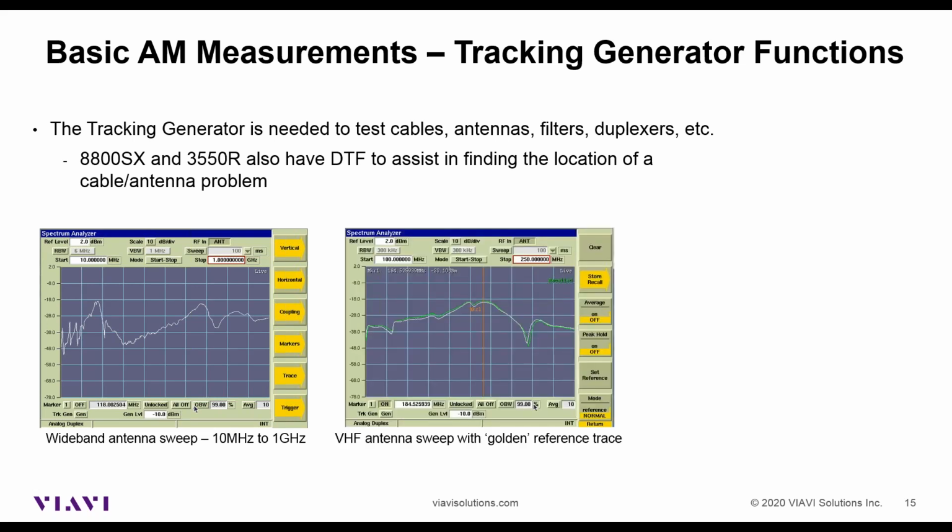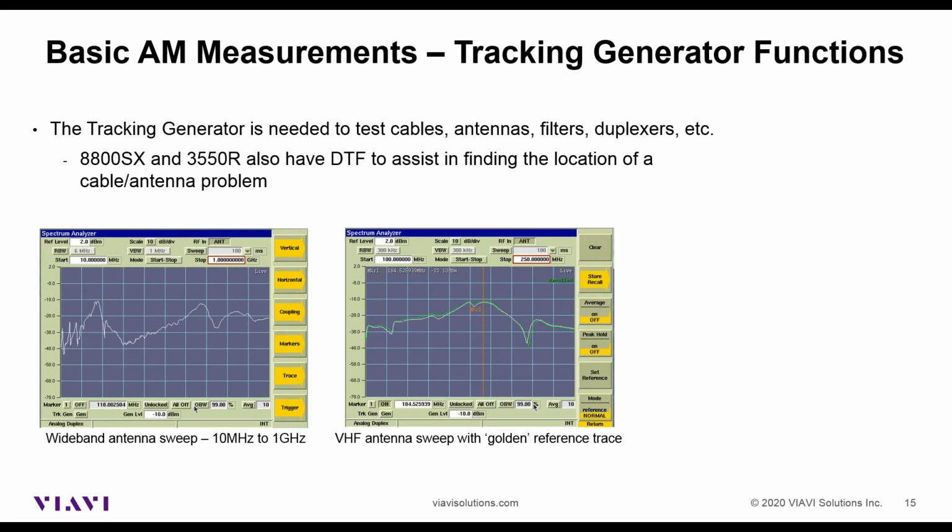Then you can store the trace. I've zoomed in now to the VHF band in that middle picture, so I'm looking at 100 megahertz to 250 megahertz, and I've stored a trace. I've stored the green trace, then recalled it. That's my two golden antennas.